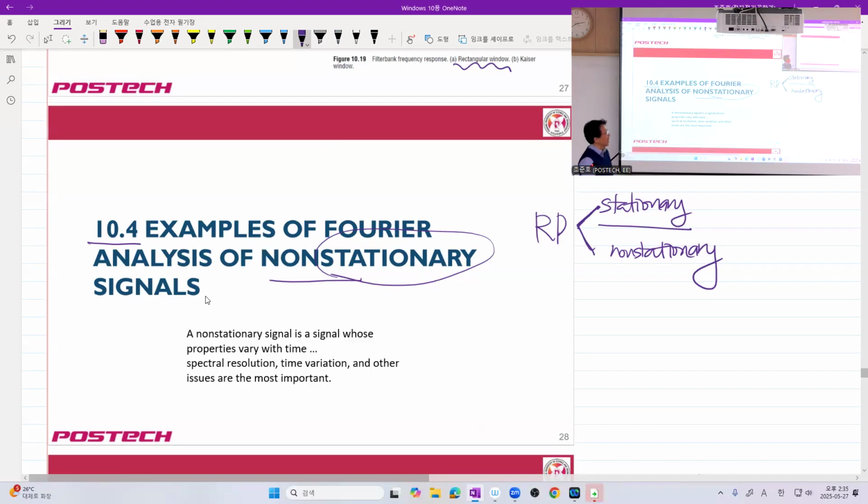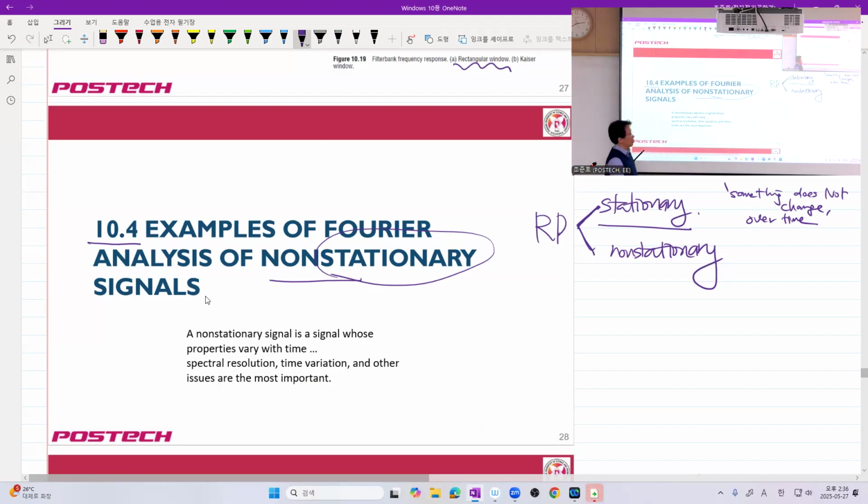The problem is, what is stationarity? To talk about that I would have to spend a lot of time, but let me be quick. Stationarity means that something does not change over time. The basic idea is that something does not change, even though the signal has a lot of uncertainty or randomness.